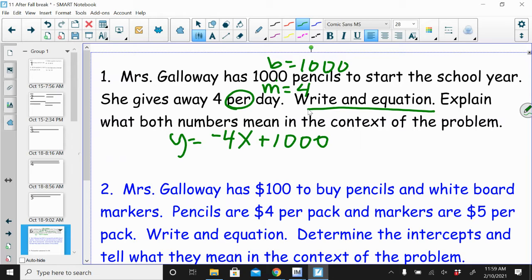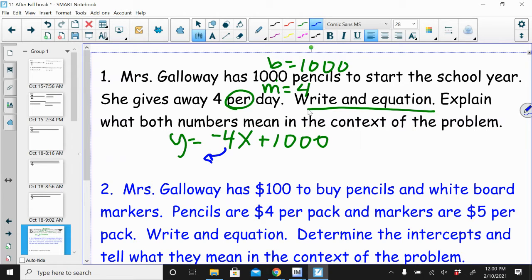Now, when it says explain what both numbers mean in the context of the problem, regardless of which type of problem this is, it's a little bit different for this one. But really, if it asks you to explain in the context of the problem, you have to explain what this means.